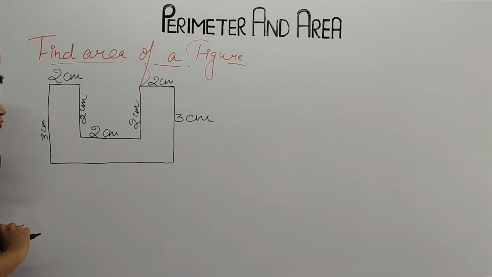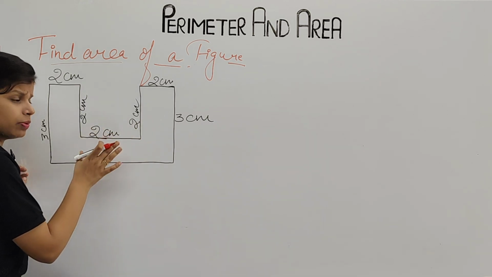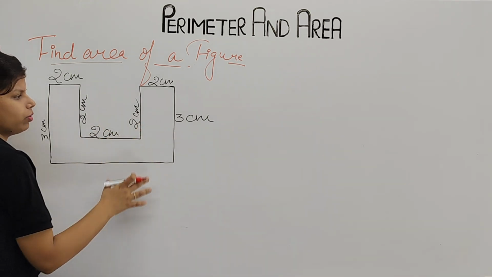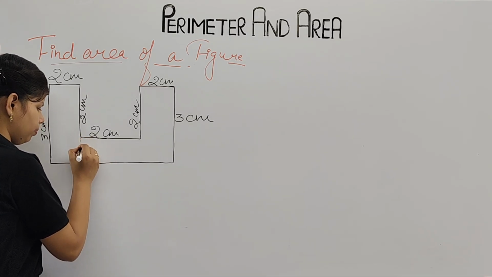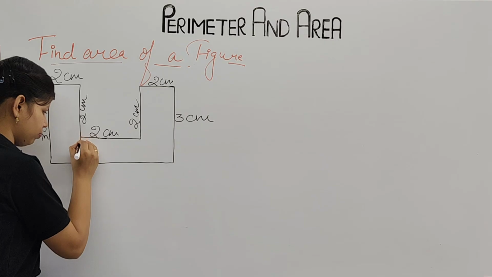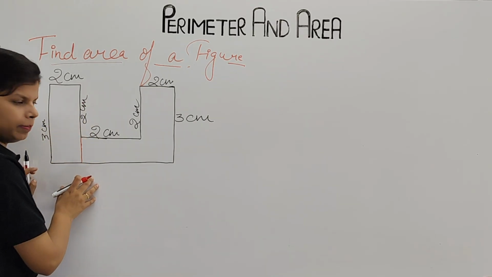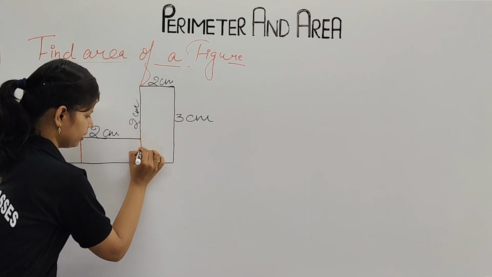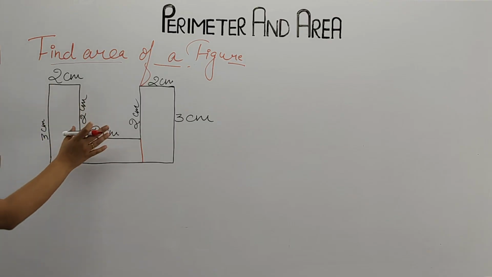Now, before we solve this problem, first of all we are going to divide. This is not the shape of a square or a rectangle, so we are going to classify it in the form of rectangles or squares. This is where we divide. We have divided it in this form, using another marker to identify it. This will be another shape, and this will be another shape. Clear? I have segregated that figure into two different parts.